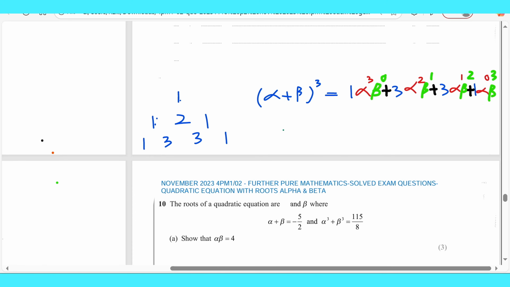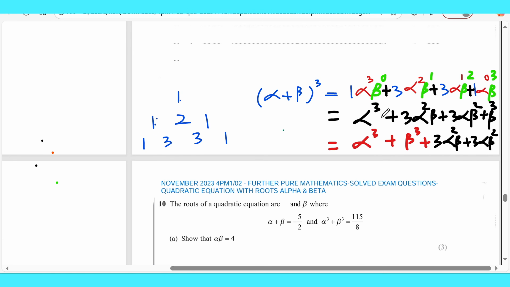So the expansion of this will sum up to alpha cube plus 3 alpha square beta plus 3 alpha beta square plus beta cube. Now this is what we want, alpha cube plus beta cube. Now we rearrange the equation, alpha cube and beta cube we put together, and 3 alpha square beta plus 3 alpha beta square we want to isolate.